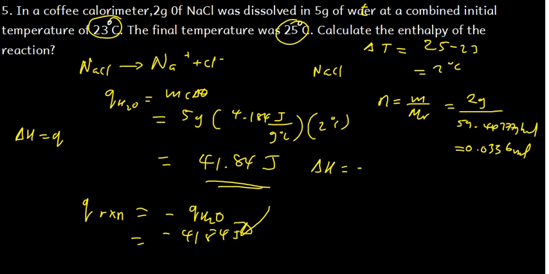So let's just convert this value into kilojoules. This value which I have is negative 41.84 joules. Now this is in joules per mole. Whenever we're talking about enthalpy, it is per mole.